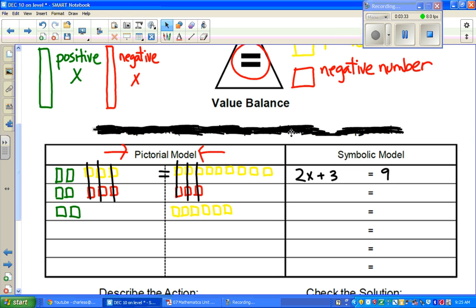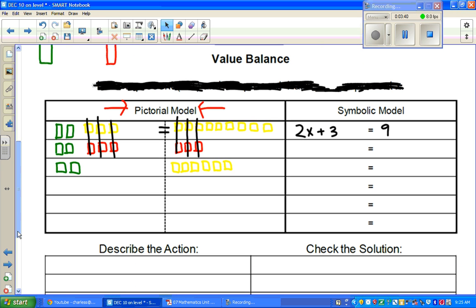So now we need to isolate the x. We just need to know what 1x is. So what we're going to do is divide each yellow box into groups with one green square.